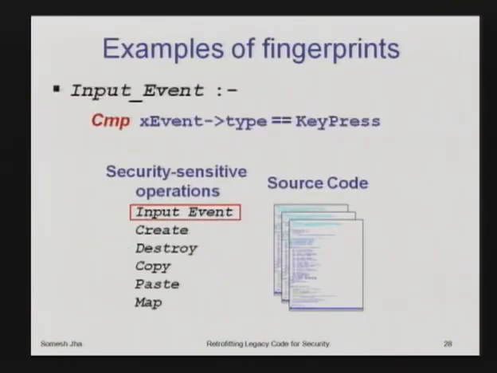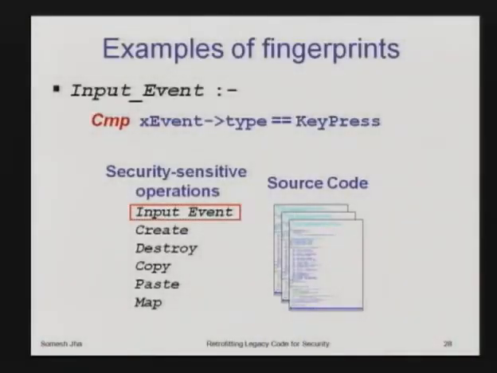For input event code, a security-sensitive operation happens when there is a struct of XEvent type that has a subfield, and whenever this code pattern happens, we say there is an input event. That's precisely a fingerprint.